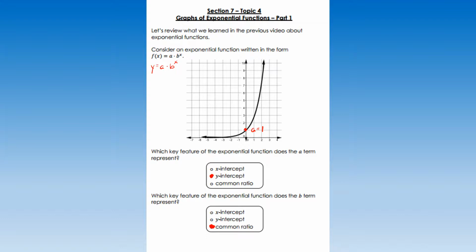If you look closely at this graph, every time we move over 1 on the x-axis, it went from 1 to a little bit less than 3. Then if we multiplied that again by the common factor, it ends up up here. So you can see we're multiplying each term by the common factor in the graph.